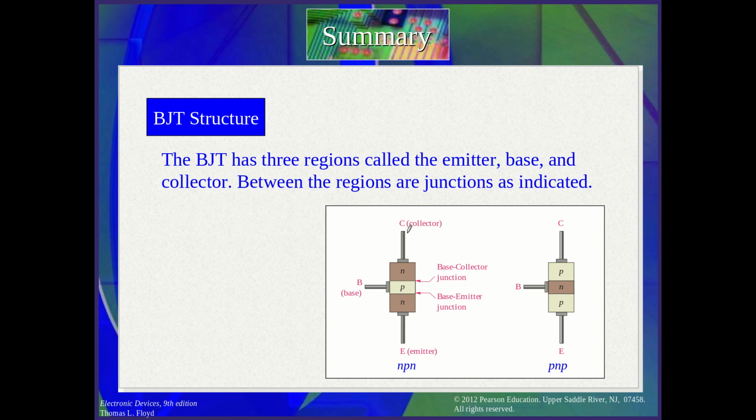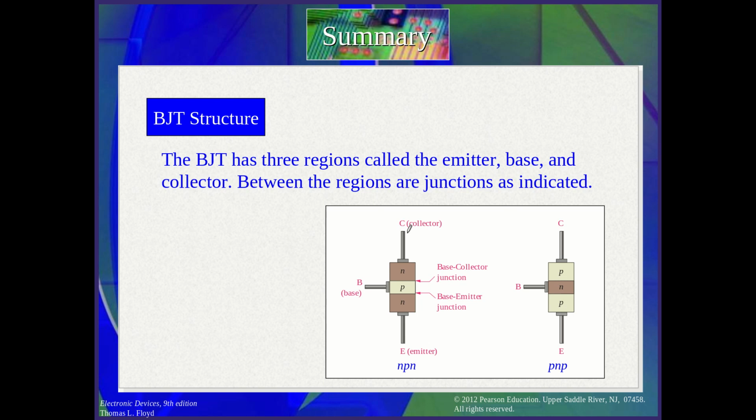Now let's see the notations, the symbol here for NPN. We make the arrow point out for the NPN transistor, because it points to where the emitter current goes.